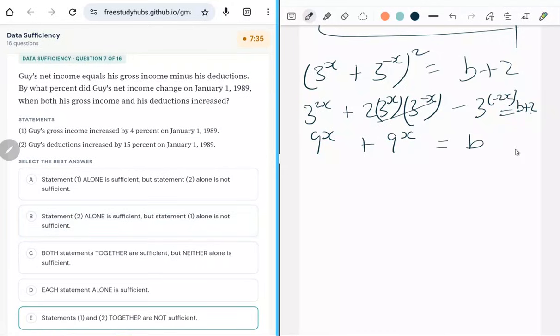Okay, next, let's go. So, guys, net income equals his gross income minus his deduction. By what percent does the guy's net income change when both his gross income and his deduction increase? So net is gross minus deduction. Good.